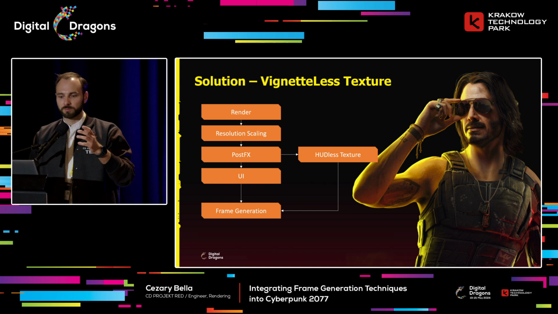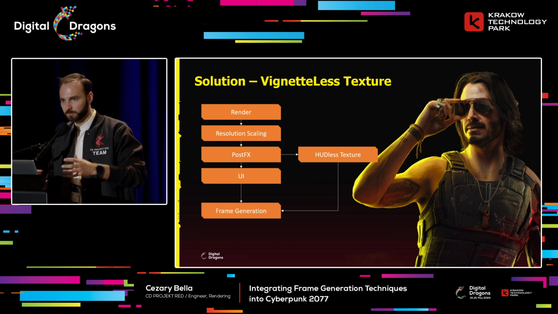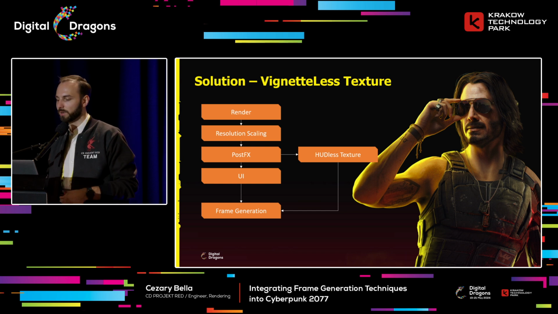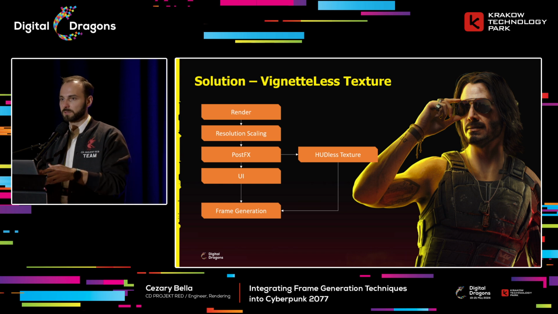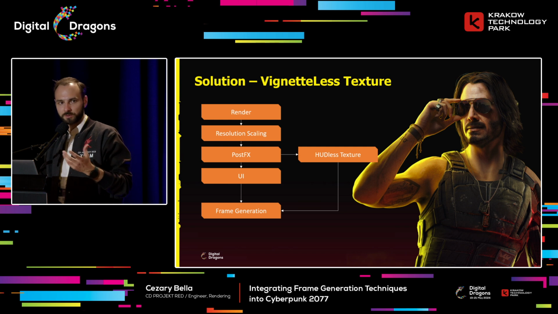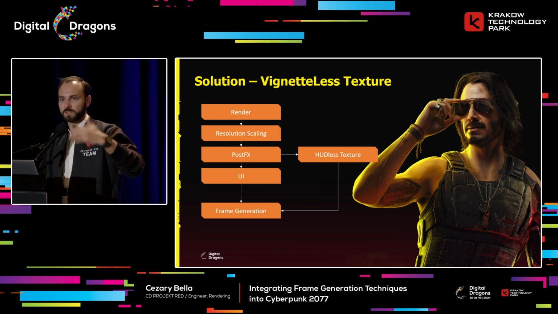So we were trying to wrap our head around what would be the ideal solution. We thought, okay, we cannot disable the vignette because we really heavily rely on it. It's the first thing in our post process. So we cannot do anything about it, right? We cannot move it later on, like after drawing the UI or stuff, right?